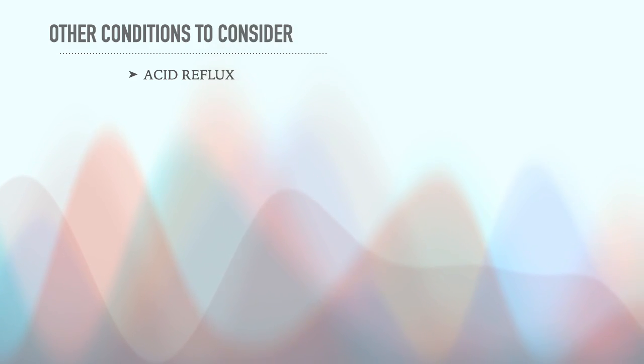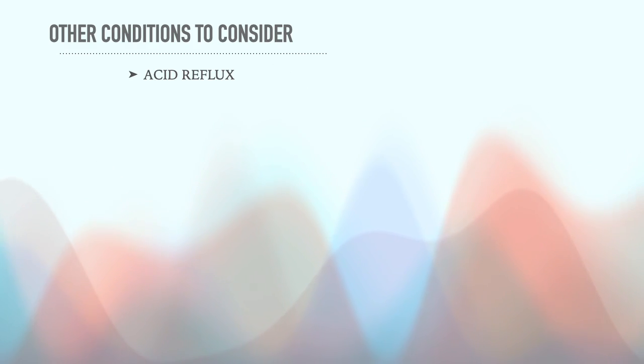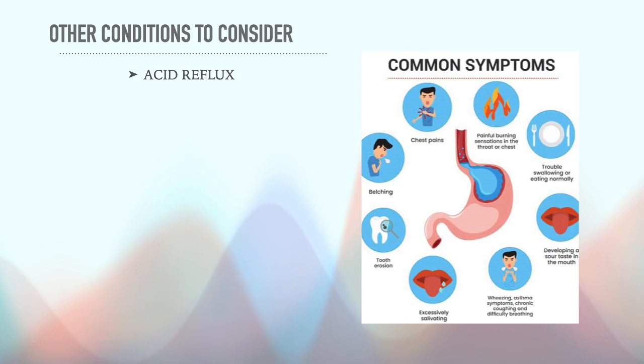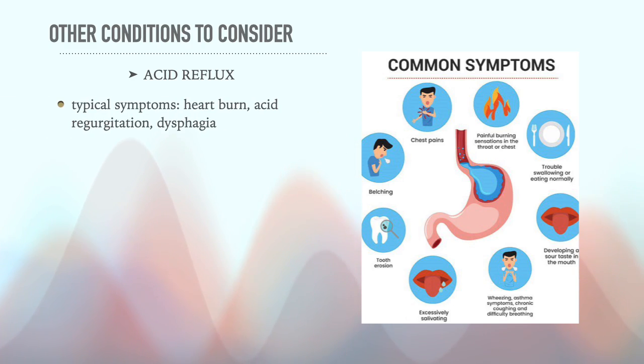And this happens when there's a backup of stomach contents, like your stomach acid, into your esophagus, and it causes bothersome symptoms or complications. Many of you are familiar with the typical symptoms, such as heartburn, acid regurgitation, and dysphagia, also known as trouble swallowing.